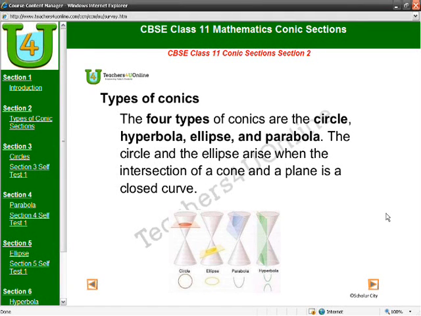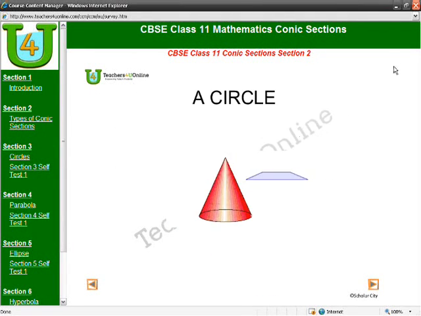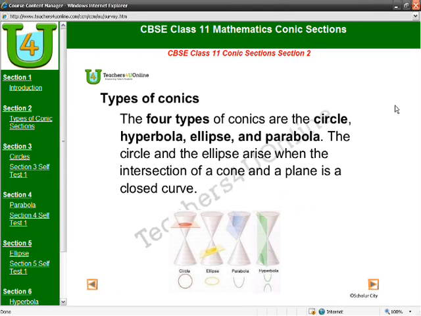Now, if you look at the picture in front of you, we have a right circular cone which is intersected by a plane, and we get a closed figure. Now, the circle is a closed figure. So is an ellipse. Ellipse is also a closed curve.